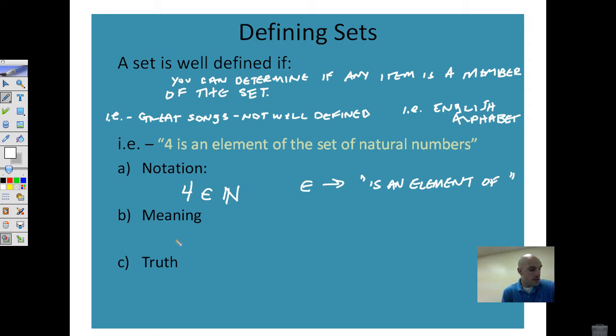The meaning is that 4 is in the set N. Is that true or not? Is 4 a member of the natural numbers? The truth would be yes, true, because 4 is a natural number. It's one of the counting numbers.